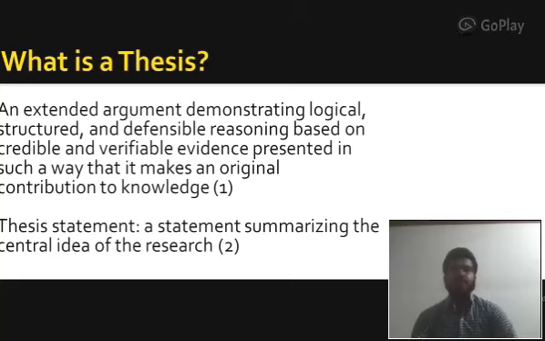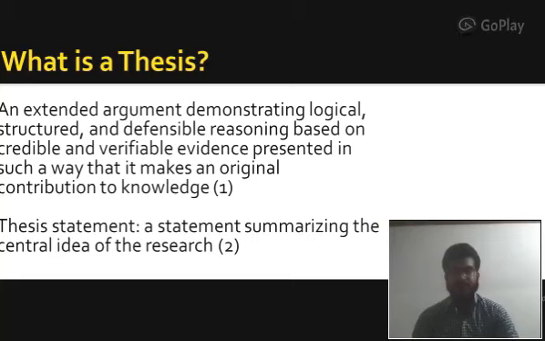Here, another idea that you should understand is a term that is frequently used by researchers and supervisors: thesis statement. Simply speaking, thesis statement is a statement summarizing the central idea of the research.